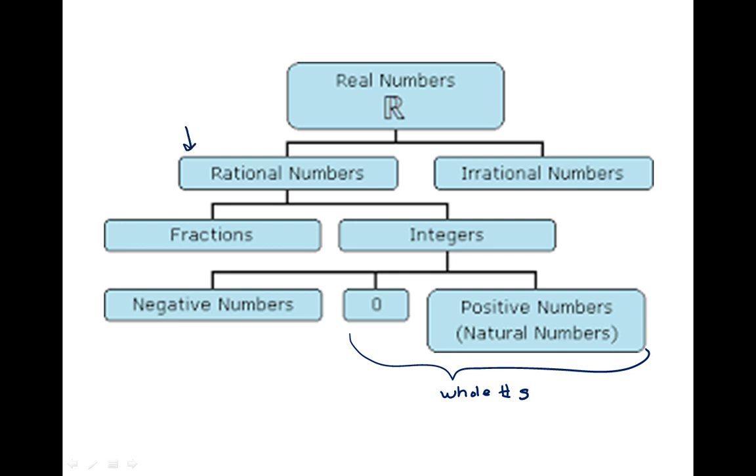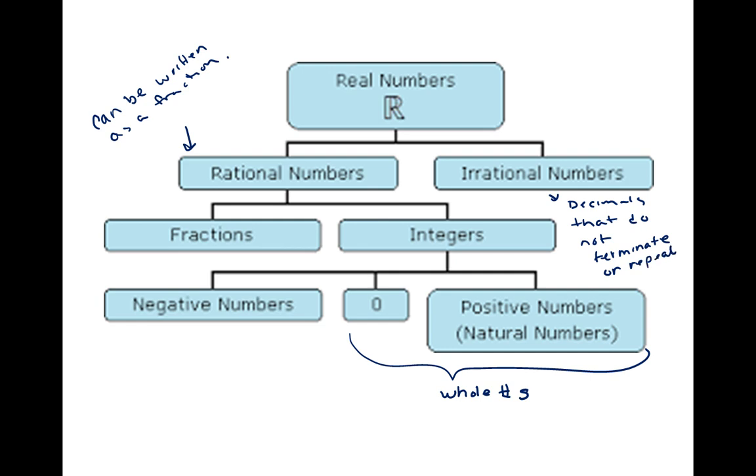A rational number can be written as a fraction. Irrational numbers are decimals that do not terminate or repeat. And all of them are included in the real numbers. All of them fall within the real numbers.